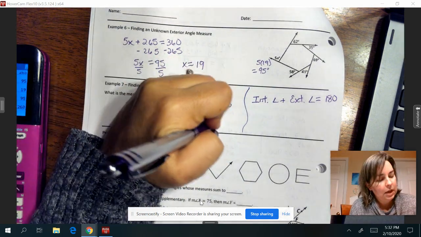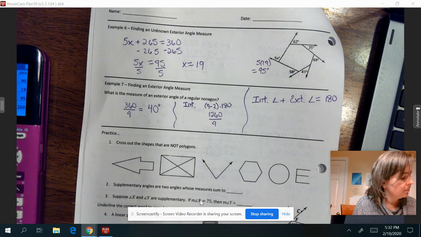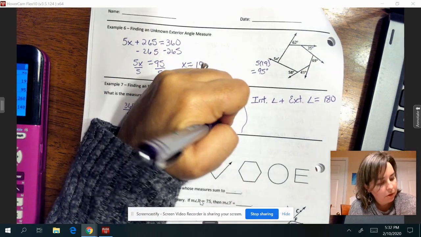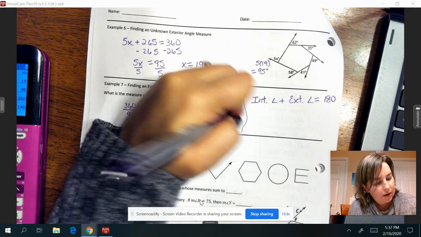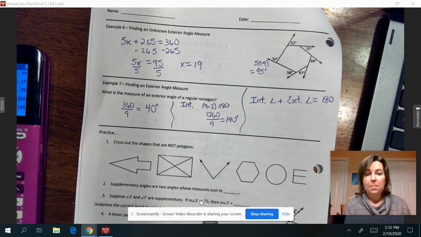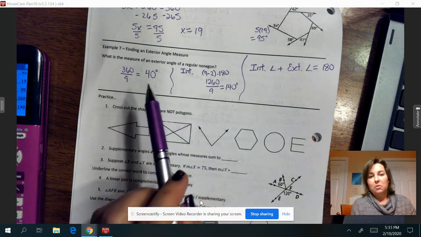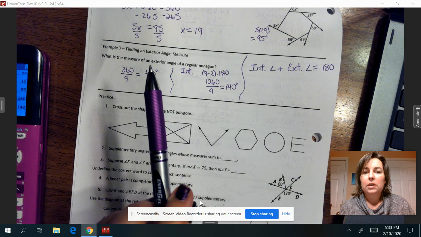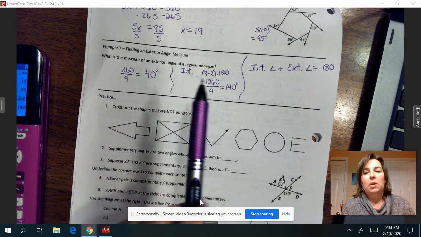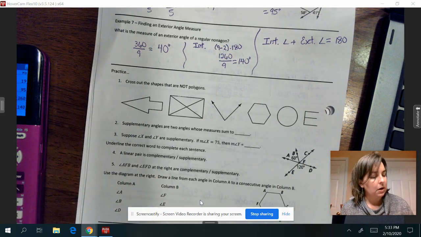And then you would take that and divide by the number of angles, which is 9. And you got 140. And that is correct because these two add up to 180. So that's just a quick way to check yourself. I know in the test they'll ask you for the interior and exterior angle of a regular some shape, hexagon or something. Okay, so I want you to try these practice questions now.